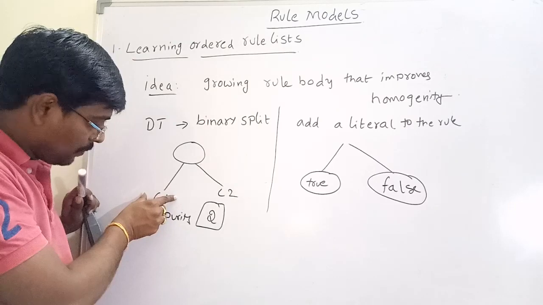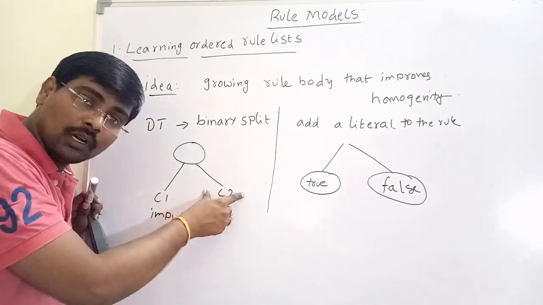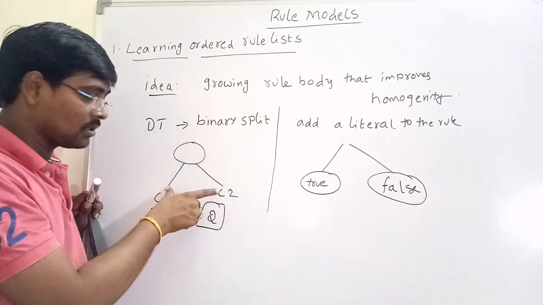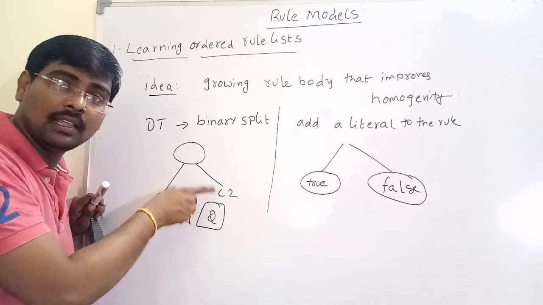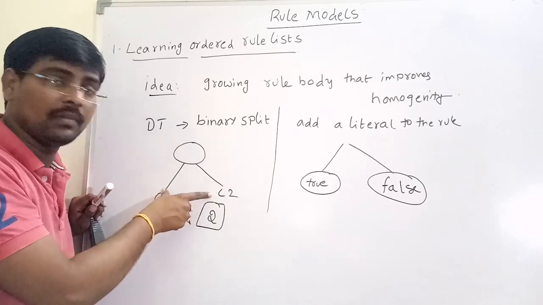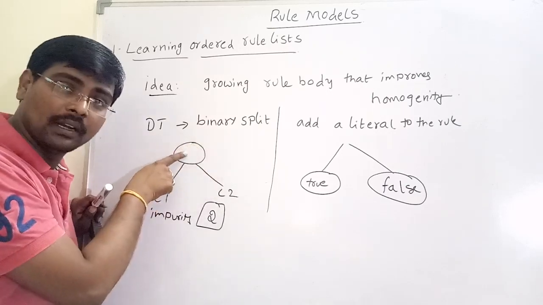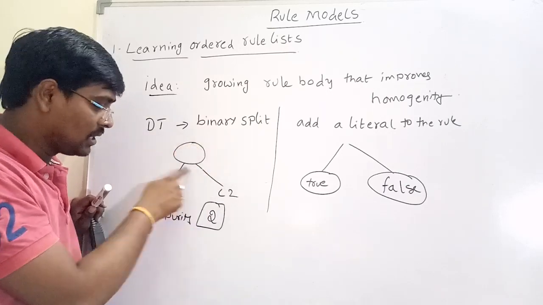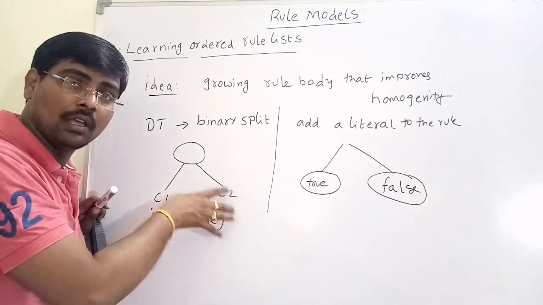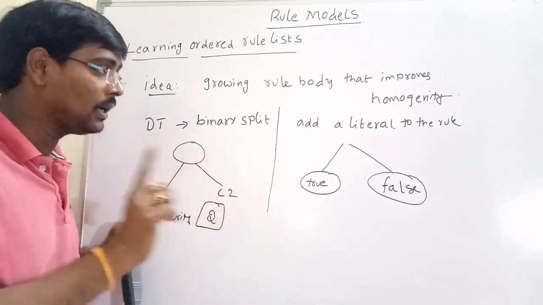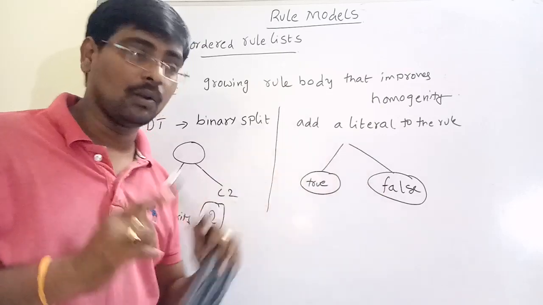That is, find the impurity for children 1 and for children 2, and lastly calculate the average weighted impurity. So in decision trees, the impurity of the parent is calculated using the average weighted impurity of all the children. But the main difference is in the rule list.